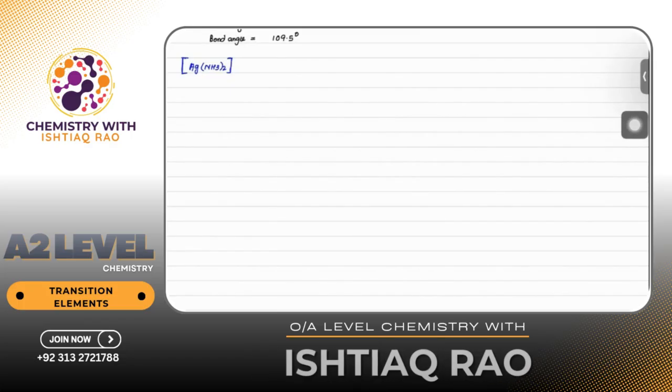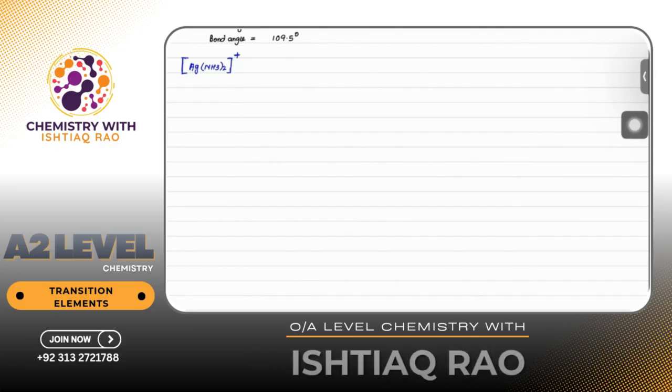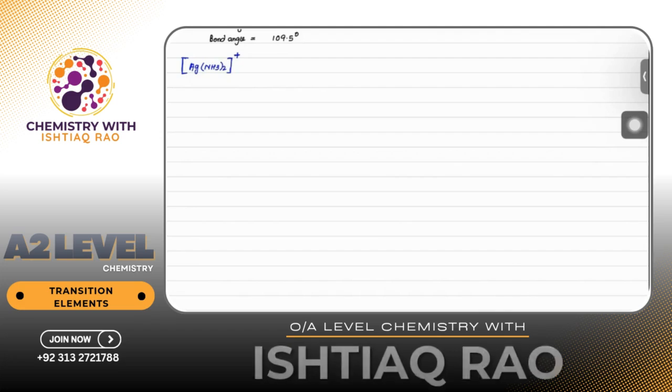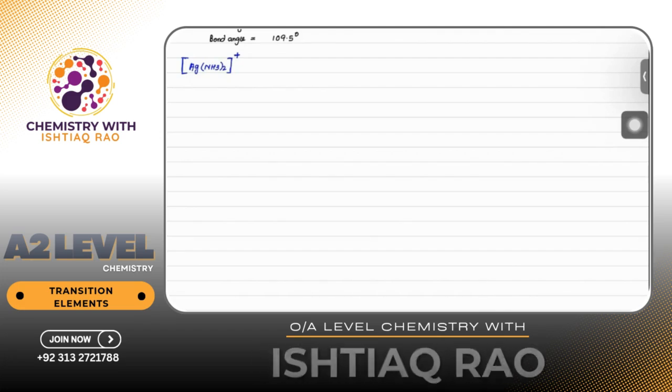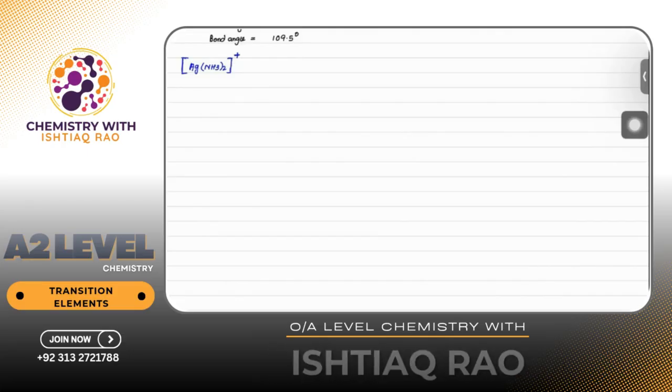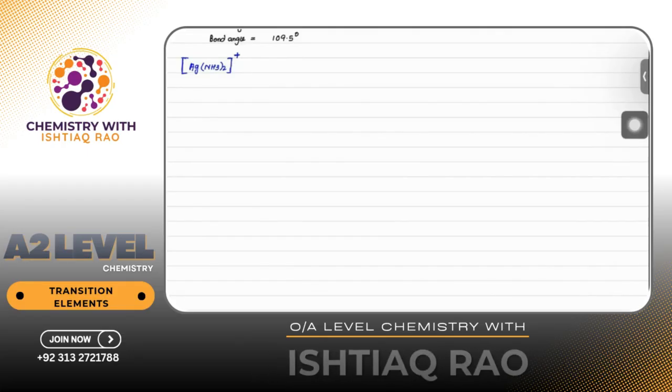This is the overall charge, that is plus. NH3 is a neutral ligand. There is no charge. So that means silver is going to have a +1 charge, right?